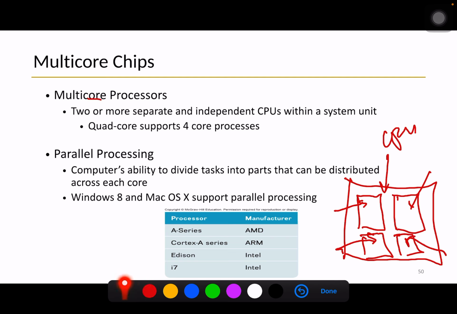Because we want to cater for parallel processing. Parallel means more than one thing can be done at one time. If we have only one CPU, it is one task at a time, even in 1 nanosecond, still one task. But when we have 4 sub CPUs like this, in 1 nanosecond we can do 4 tasks. So it is faster. That is parallel processing.